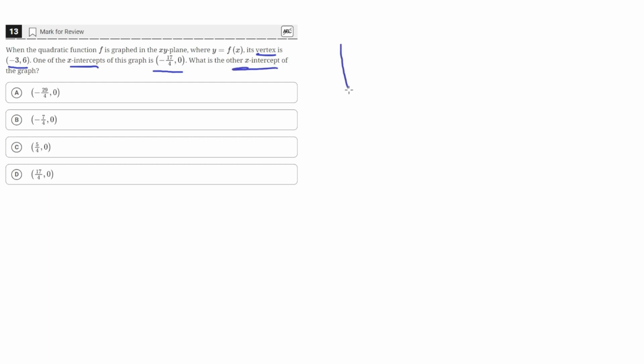So we have a parabola, the graph of the quadratic f of x, and its vertex down here is negative 3, 6. One of its x-intercepts is this coordinate here, negative 17 over 4, 0. And the other x-intercept is what we have to find.